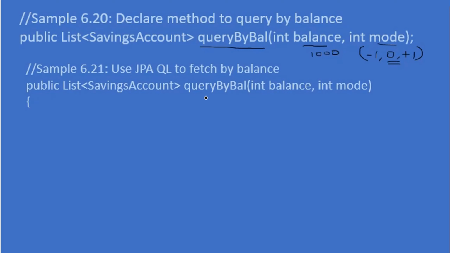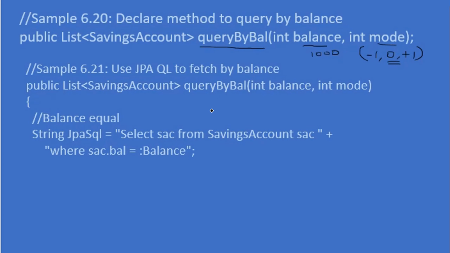So in the implementation, we are forming the Jpql as usual, and select SAC from savings account SAC, SAC alias. We saw this in our previous videos. Then in the where condition, we are accessing the balance property of the entity, sac.bal. Note, this one is not the database column name.